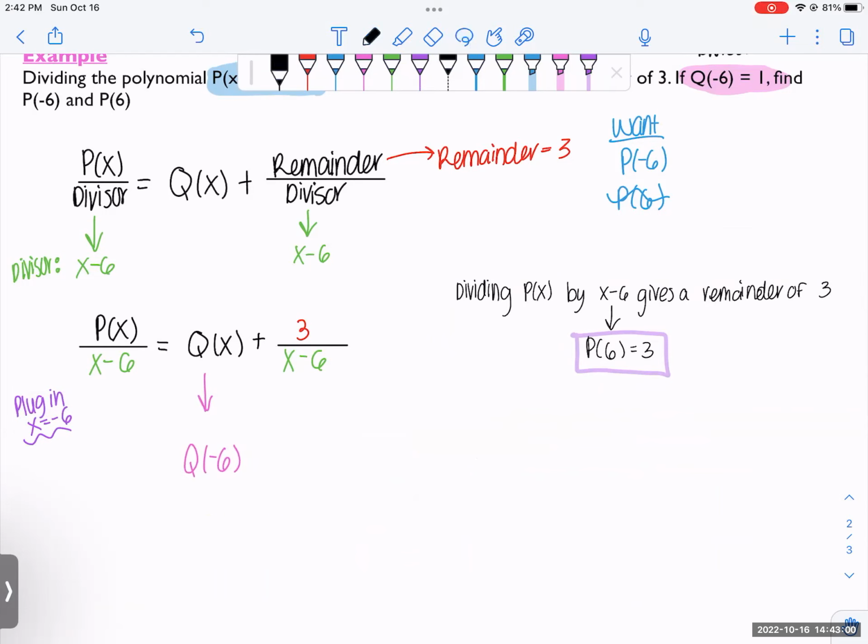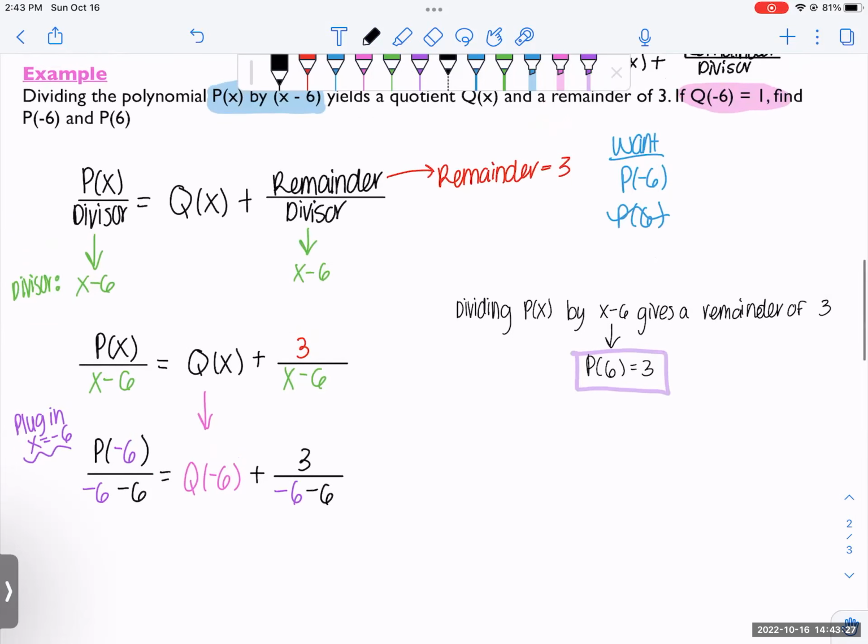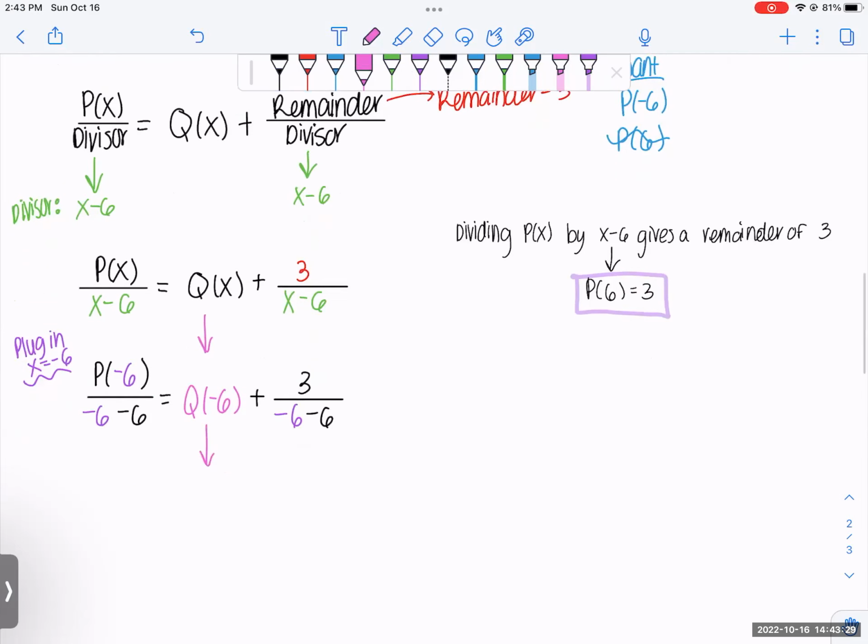So this would be p of negative 6 divided by negative 6 minus 6 is equal to q of negative 6 plus 3 over negative 6 minus 6. Well, that's interesting because we know q of negative 6 is 1. We don't know what p of negative 6 is.